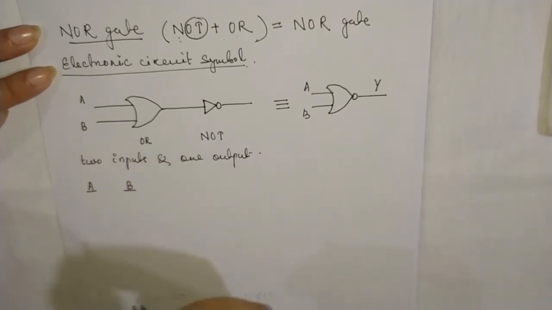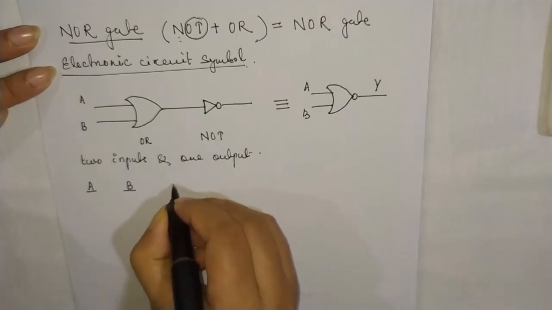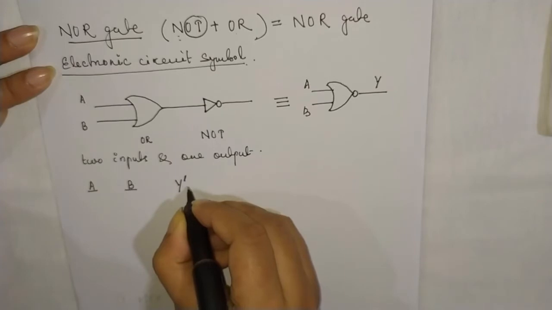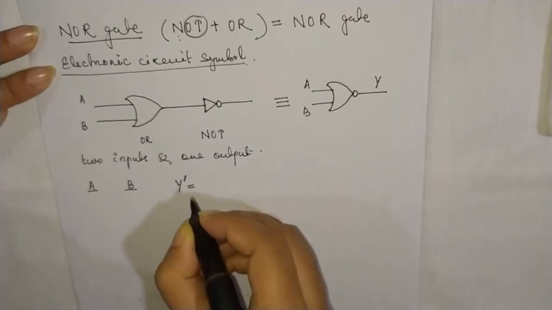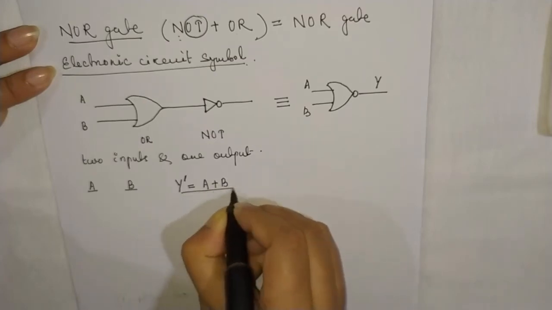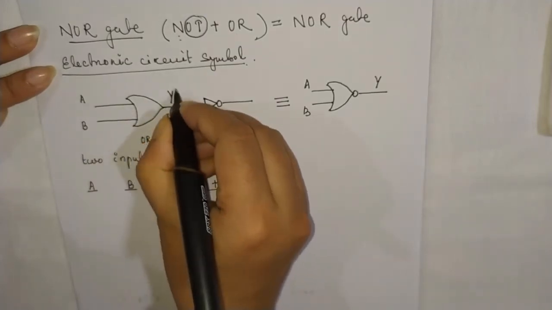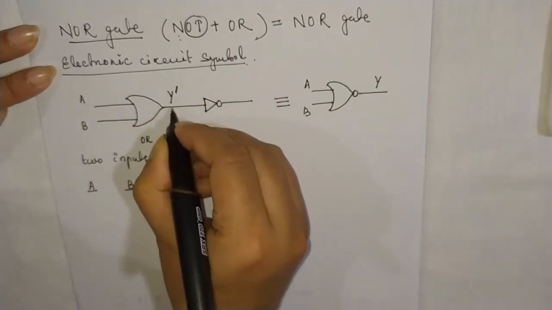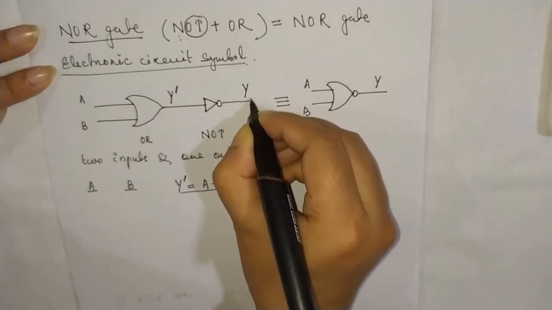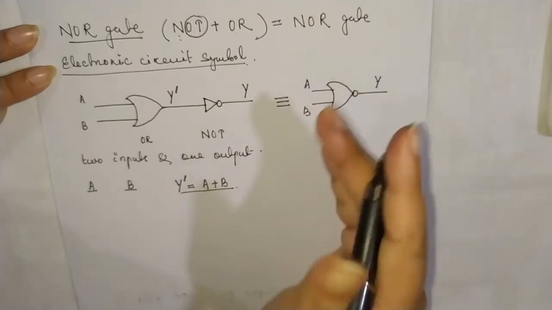So let us have an intermediate, that is your Y prime, which is nothing but equals to A plus B. This position is the Y prime and this position will be the Y, that is the output.